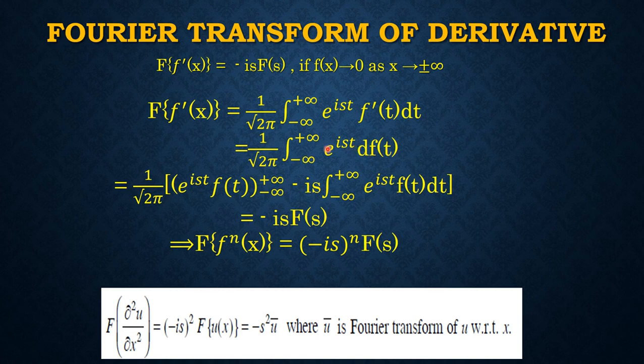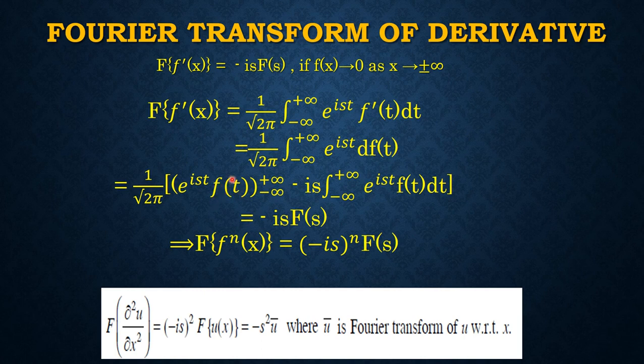Now integrating by parts, that is 1 by root 2 pi, e to the power i s t f(t) from minus infinity to plus infinity, minus i s, and the derivative of e to the power i s t with respect to t is i s, integral from minus infinity to plus infinity of e to the power i s t f(t) dt.